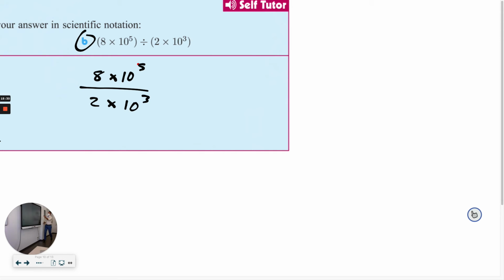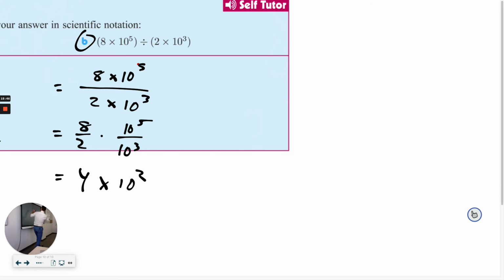Yeah, right, they're just fractions, so you can call this 8 over 2 times 10 to the 5th over 10 cubed. So this is 4 times 10 to the, subtract those 2. Cool. There's 5 tens of them, like 2, 3, 4, 5, and there's 3 tens down below.